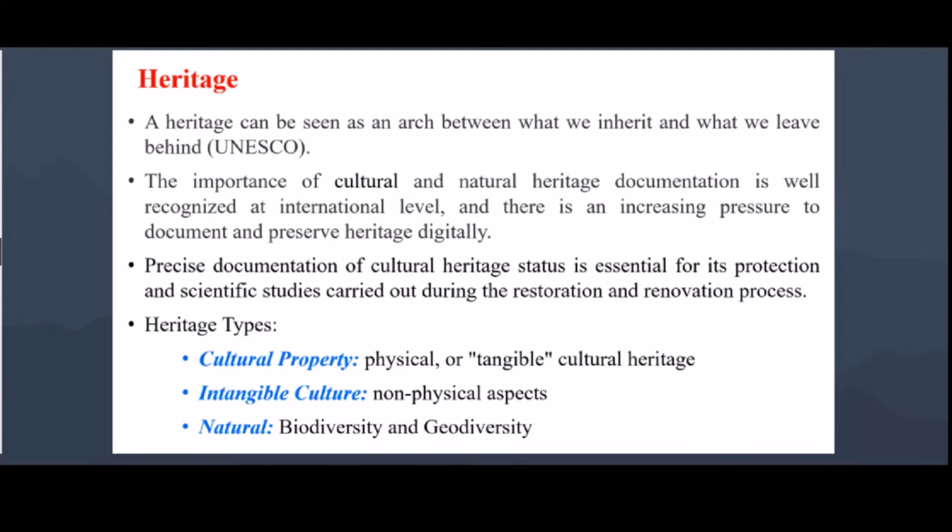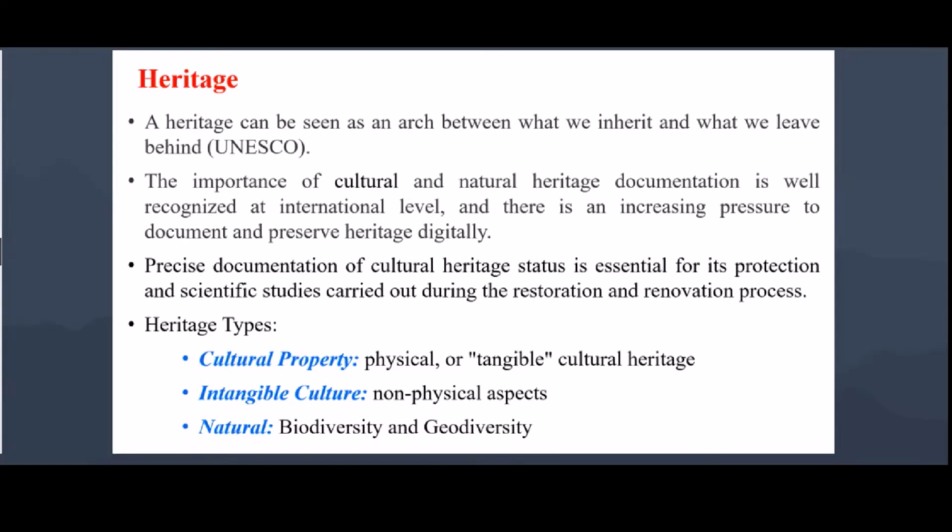Now, to summarize, types of heritage could be basically classified into cultural property, or physical or tangible cultural heritage, like monuments, temples, forts, all these kinds of built heritage structures, or even written manuscripts and paintings. These are property, something physical that can be seen and held.